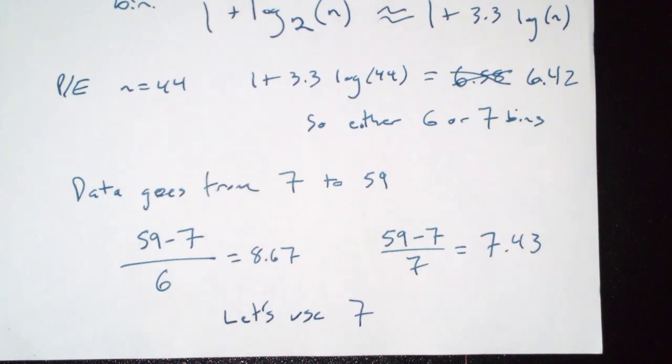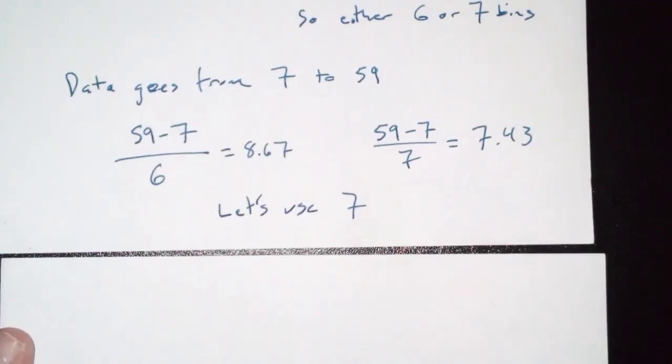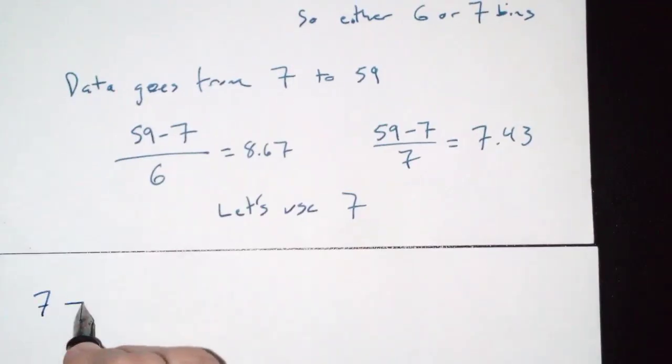So the first bin, the lowest bin, is going to start at 7. Where does it end?